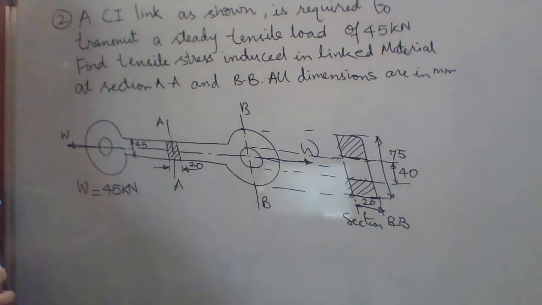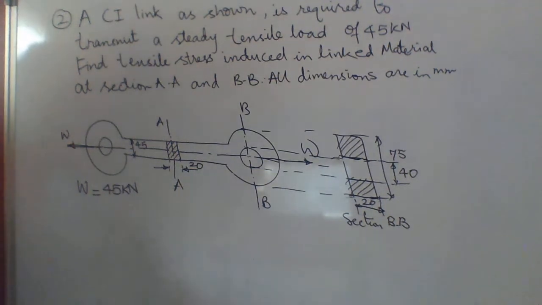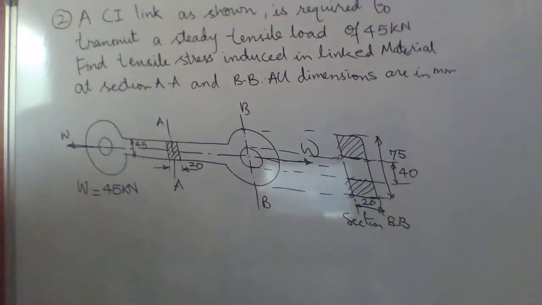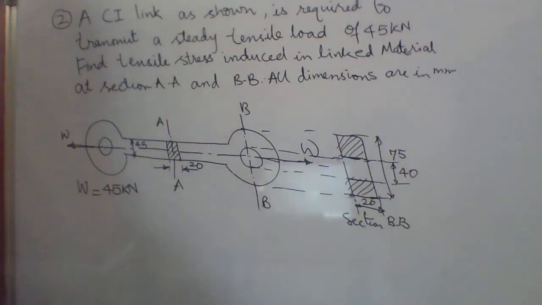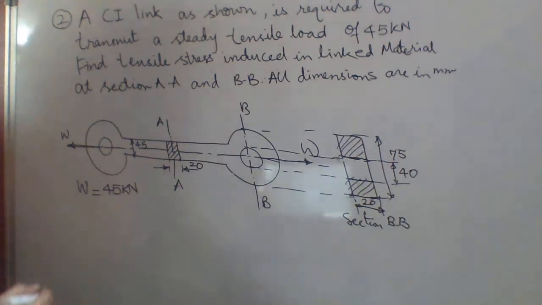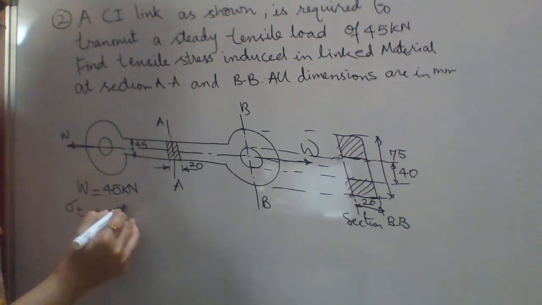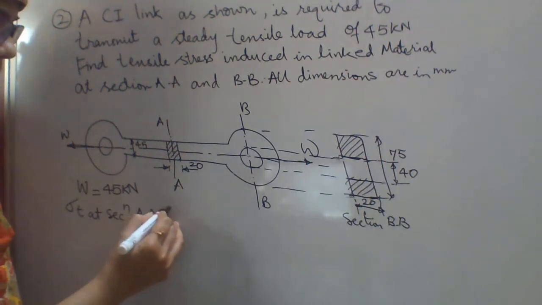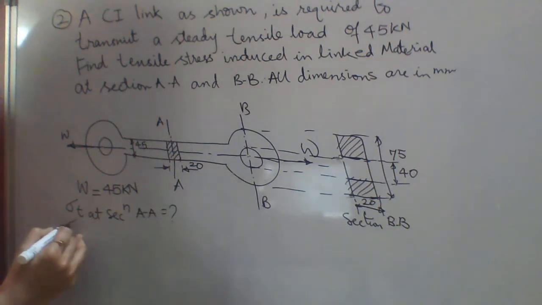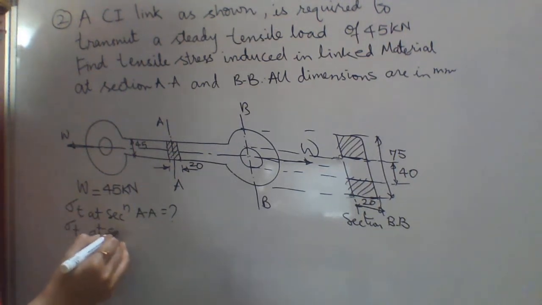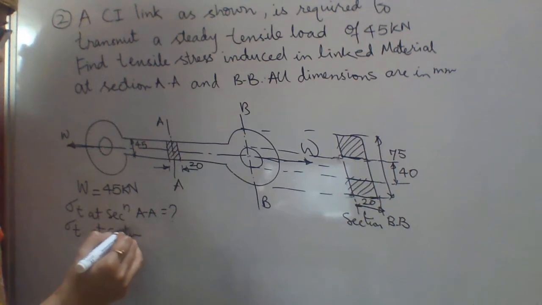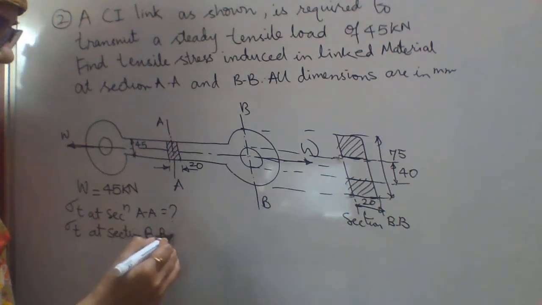All dimensions are in millimeters. So all the sectional dimensions are given in the diagram only. Okay. We have to calculate the tensile stress. So tensile stress at section AA and tensile stress at section BB.